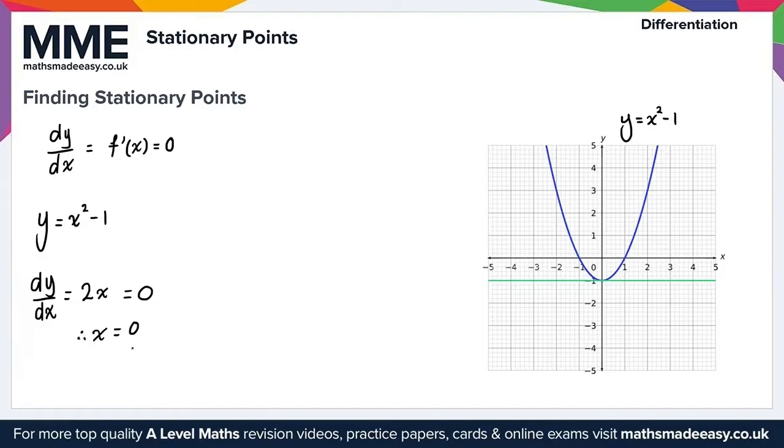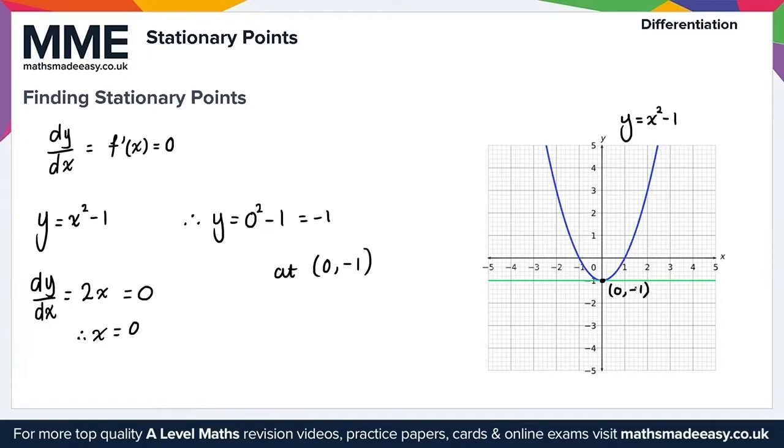For this value, y is equal to 0 squared minus 1, which gives us minus 1. We can conclude that y equals x squared minus 1 has a stationary point at (0, minus 1), and we can see that from our graph here.